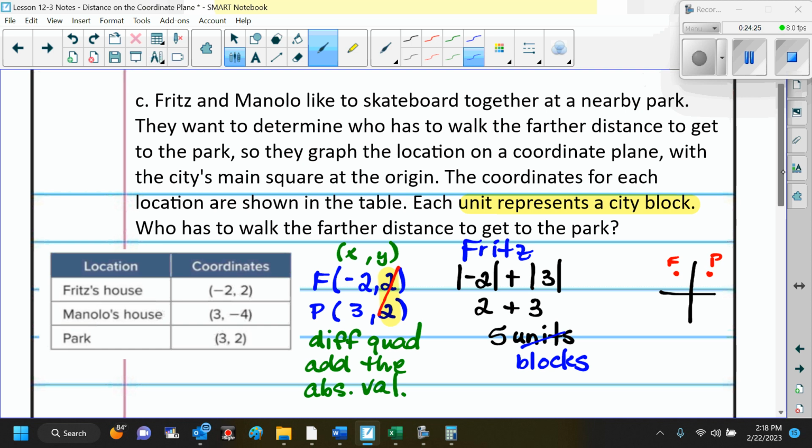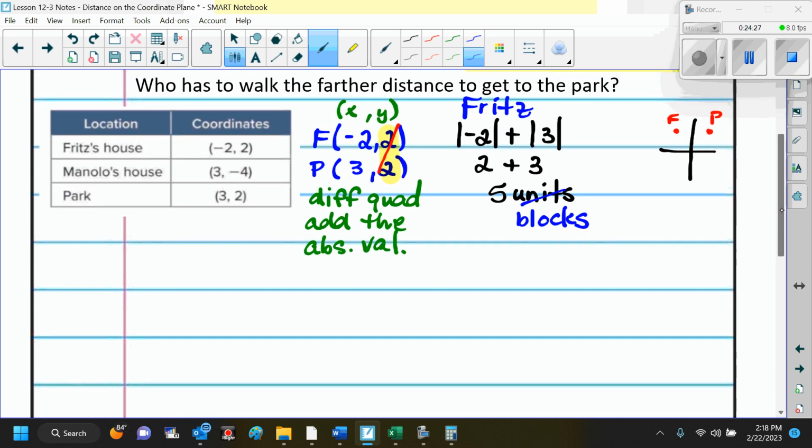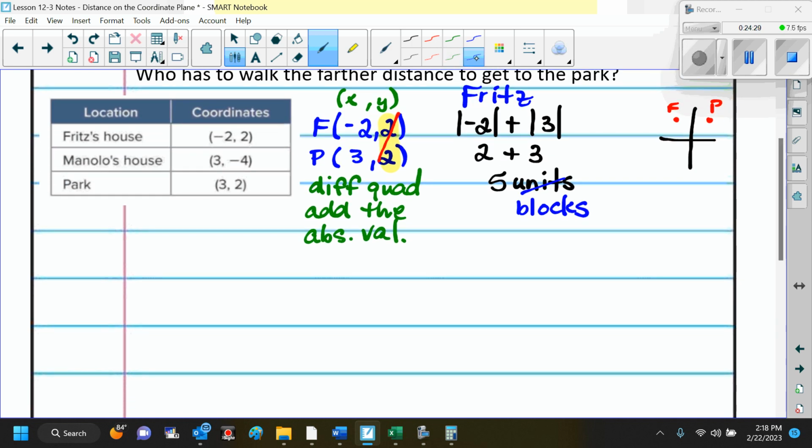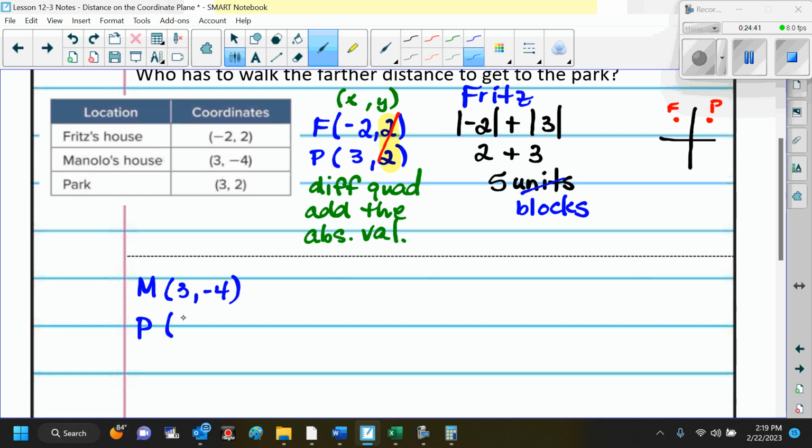So now we have to figure out Manolo's. Okay, so let's use M for Manolo. So Manolo is at 3, comma negative 4, and again the park is at 3, comma 2. All right, so again this is X, comma Y.